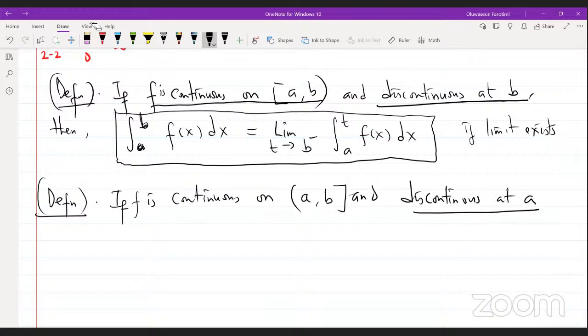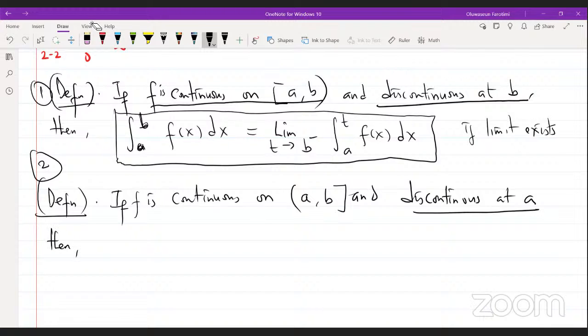Let's call the first one definition one, and this definition two. In definition one, it is open at the right end, and that right end is b. So that's the one that takes the little negative sign up front, which means from the left. And in the second definition, it is open at the left end.